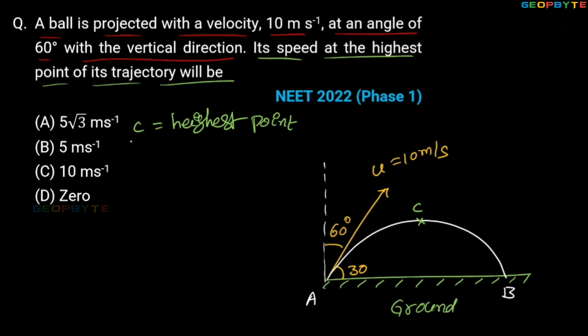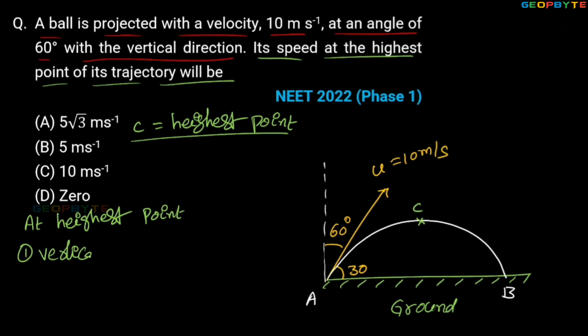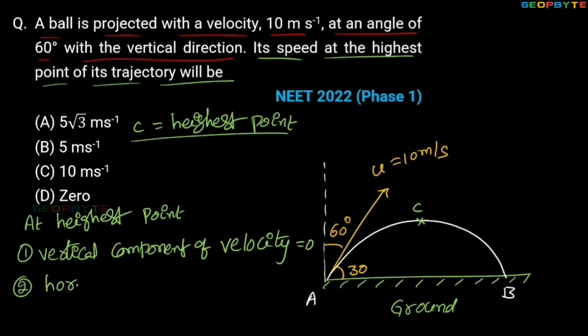Remember, at the highest point, the vertical component of velocity equal to 0, and the horizontal component of velocity remains constant throughout the trajectory path.